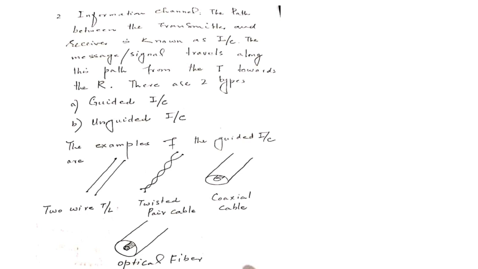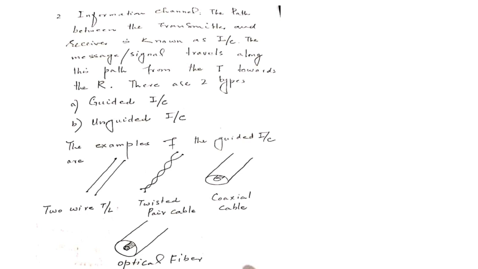Let us talk about the structure of the optical fiber. Optical fiber is either made of glass, that is silicon dioxide, or transparent plastic.